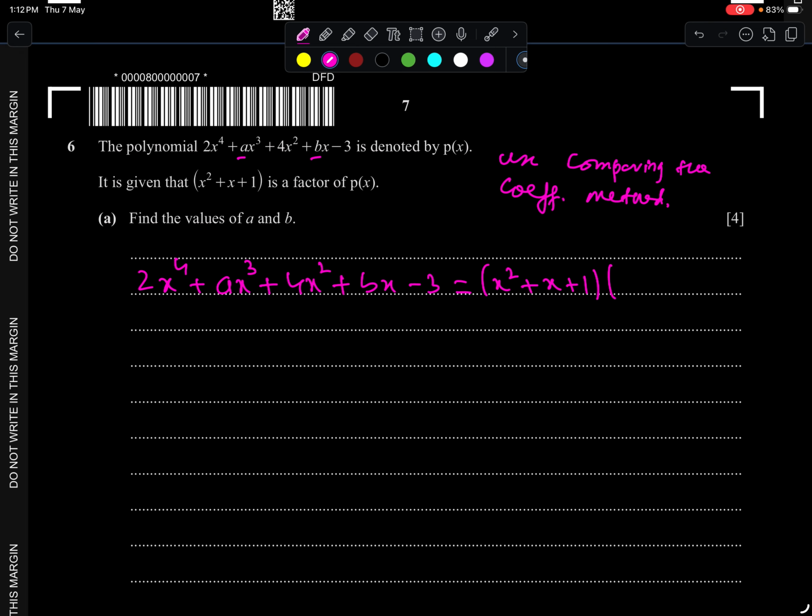Now suppose a quadratic factor, because we have power 4, so we must have another quadratic factor here. So it should be px square plus qx plus r. Use different constants, don't use a and b. Even a capital A can confuse you. You can use A, B, C, but it's better to use different constants.